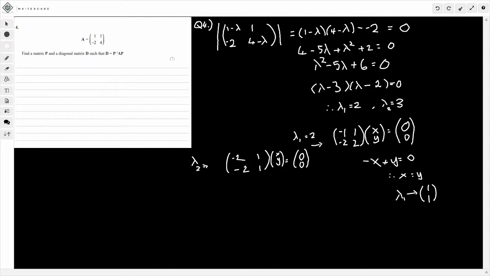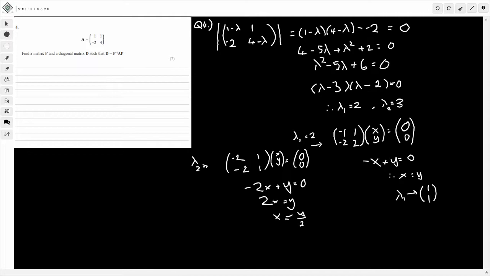Well, what do I get here? I'm going to get minus 2x plus y is equal to 0. So therefore 2x is equal to y. So x is equal to a half of y, or y over 2.